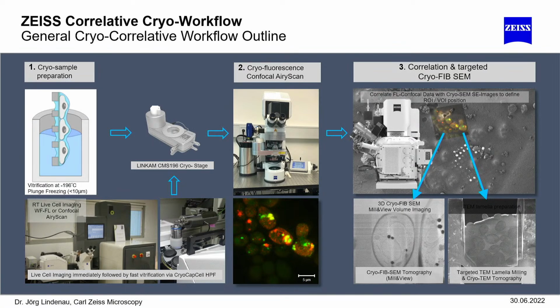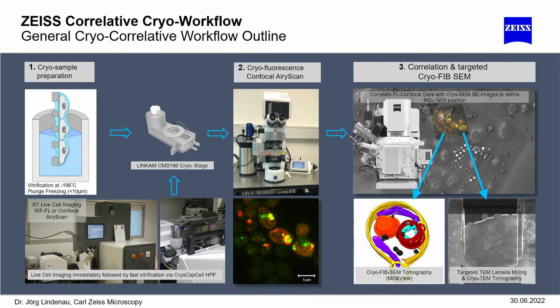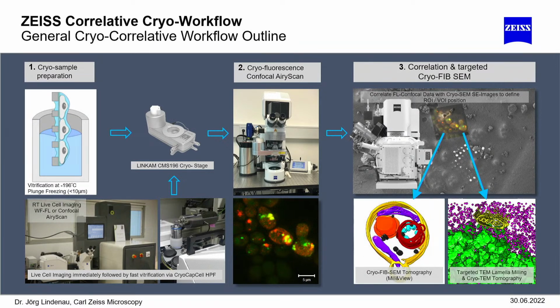And then what we do, we use the best microscope with the highest potential resolution. So area scan confocal in an upright configuration with a dipping lens here. And then we acquire the fluorescence, overlay this with the cryo data, and then you have two different options: either go for pure volume imaging or create a lamella and move to a cryo-TEM.